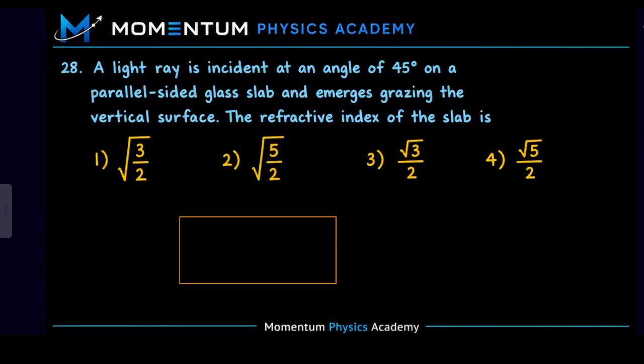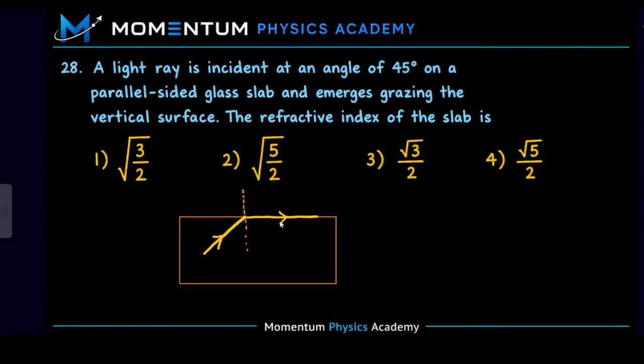Now the light ray is incident at an angle of 45 degrees on a parallel sided glass slab. So you can see this light ray which is incident on this glass slab at an angle of 45 degrees. Thereafter the light ray grazes the surface.